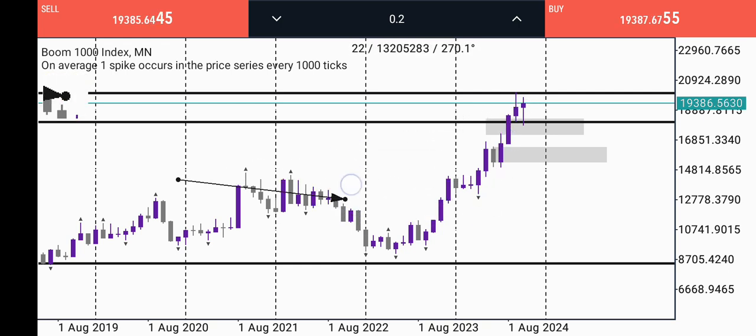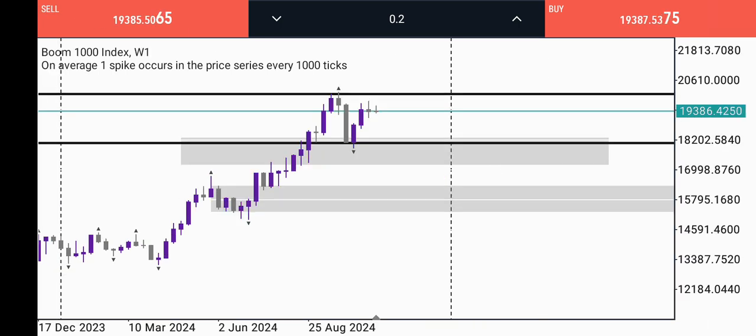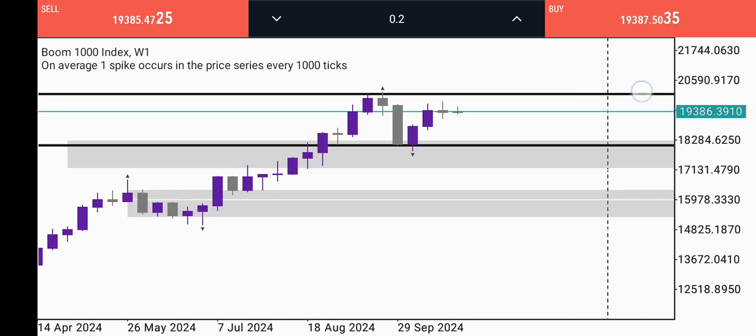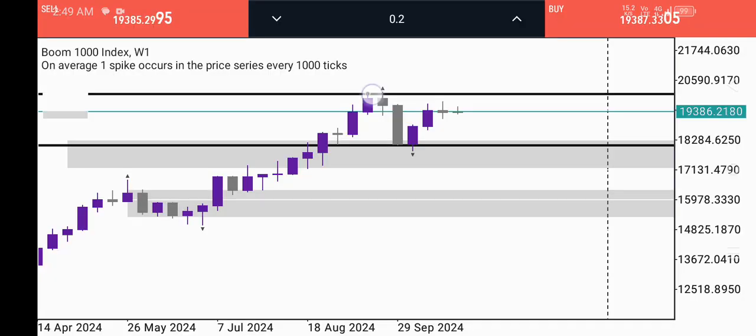Having that in mind, I'll go down to my weekly time frame. What is the weekly time frame telling me here? The weekly time frame is showing me that price is ranging, and we see that price is at a top supply zone here.